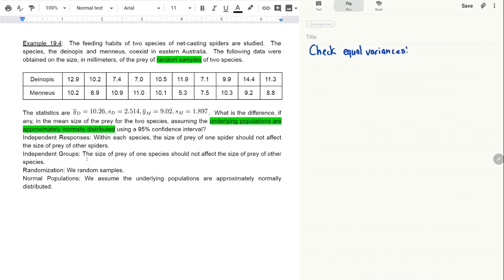And recall to check equal variances, we will look at the ratio of the two standard deviations. So we're going to look at finding the larger standard deviation divided by the smaller standard deviation.